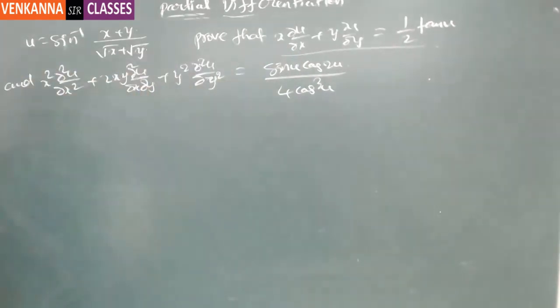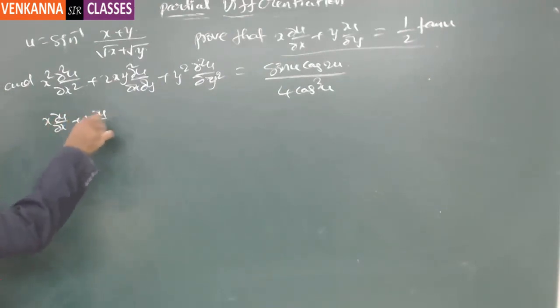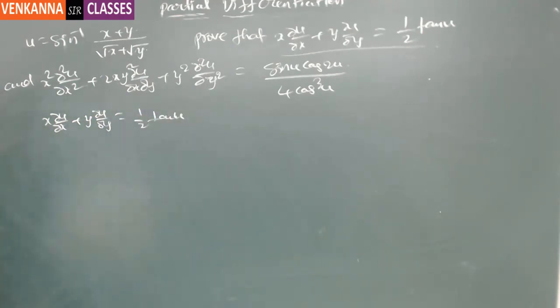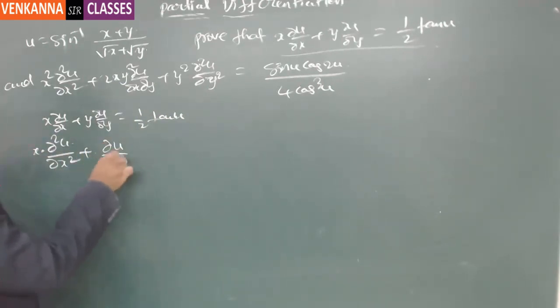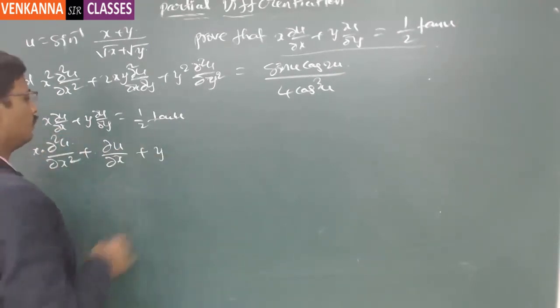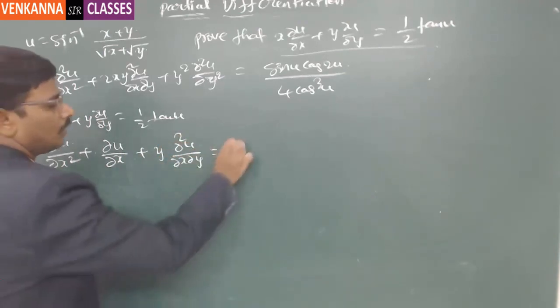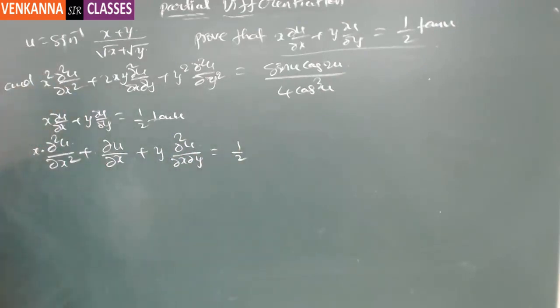So x dou u by dou x plus y dou u by dou y is equal to half tan u. Now here, if you take the derivative with respect to x, then this will be x into dou square u by dou x square plus dou u by dou x. Apply uv on this. So x dou u by dou x plus y into dou square u by dou x dou y is equal to half derivative of tan u with respect to x.